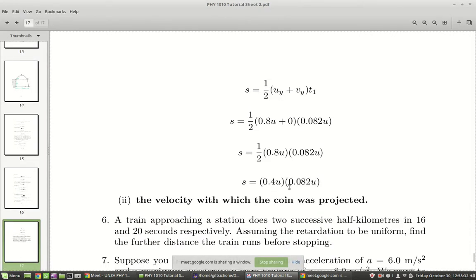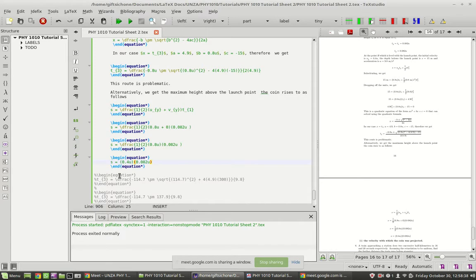Then 0.4 times 0.08, how much do we get? We get 0.066 u squared.